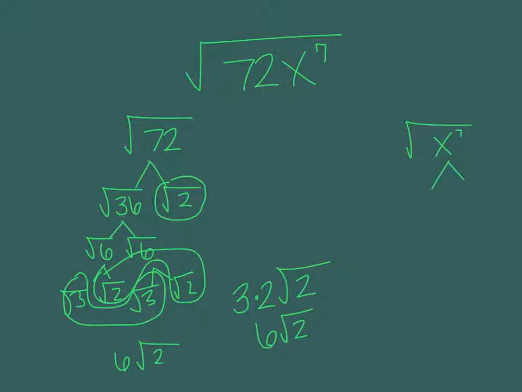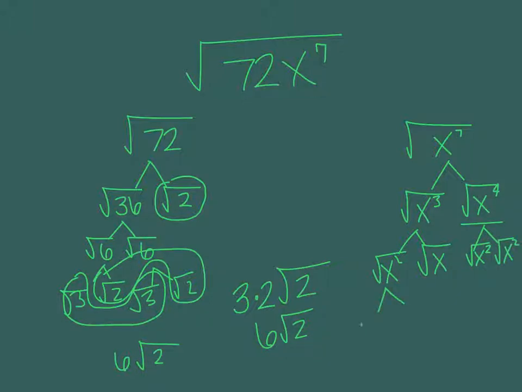Now for the x to the 7th, I'm going to break this into 3 and 4, and you might notice that x to the 4th is a perfect square, so you could go ahead and put that on the outside, but we can also break this down even further. Oh, so many x's.